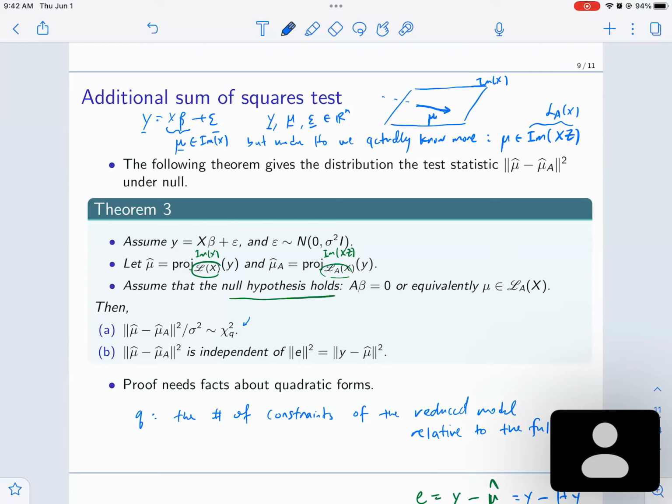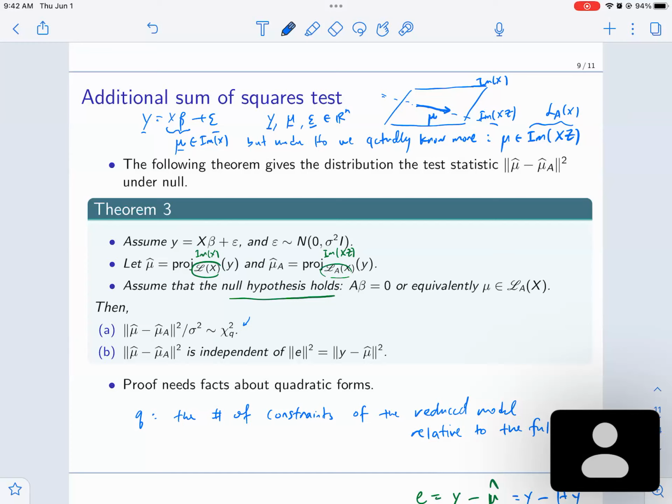So mu actually would be in the smaller subspace, which I'm calling X_0, the restricted subspace. Because by assumption, that restricted subspace is the set of all X beta where beta satisfies those constraints, or I just plug in beta to be like X_0 gamma, and then you see that that would be X_0 gamma, so it would be in the image of X_0.